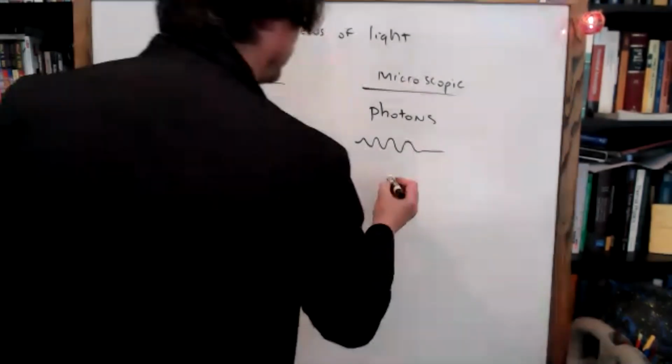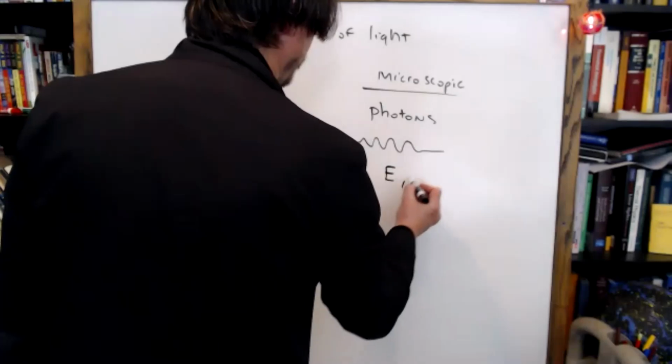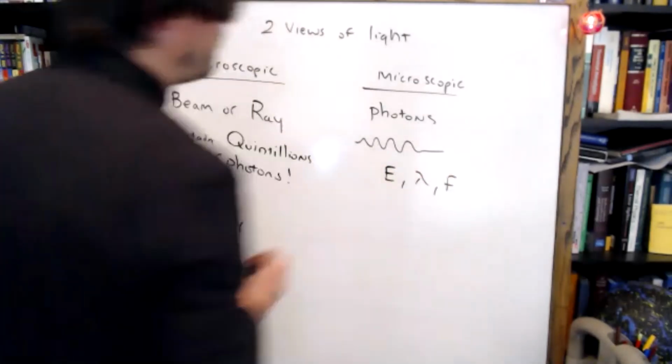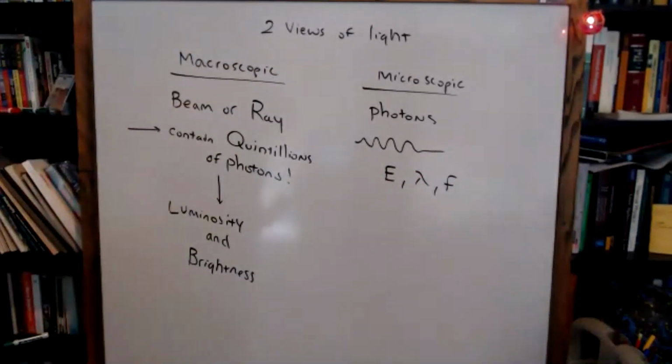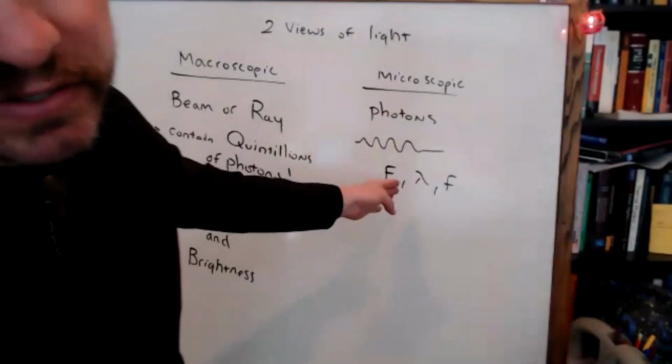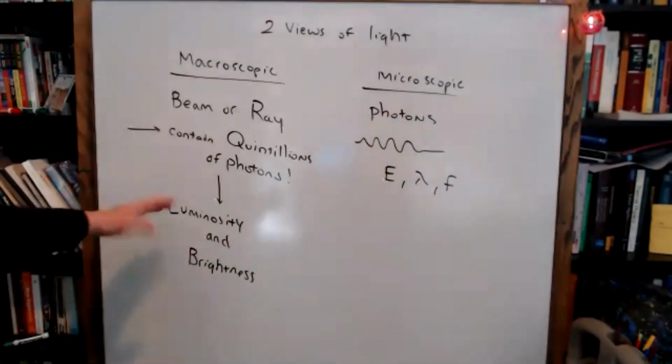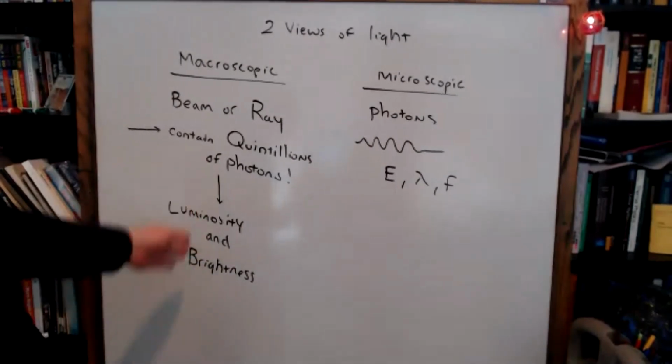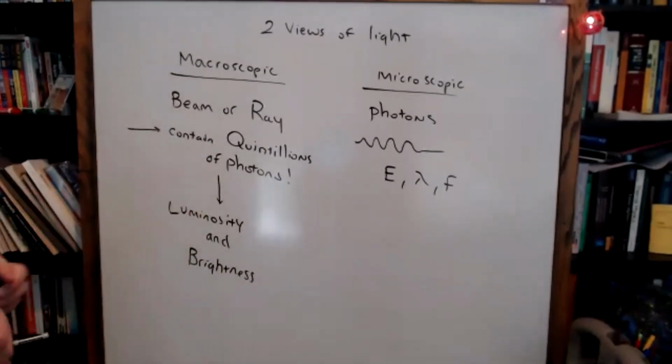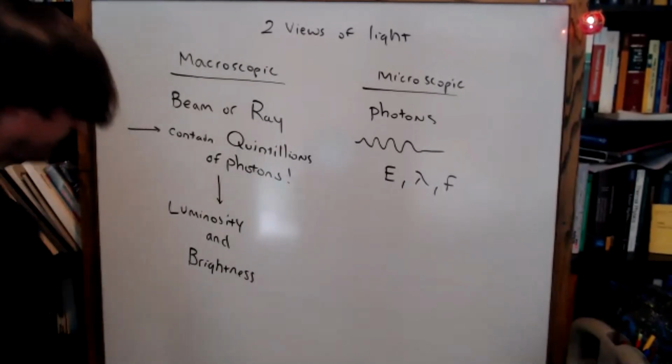By the way, for photons, we can usually talk about energy, wavelength, and frequency. When I measure macroscopic views of light, I measure luminosity and brightness. So let's discuss these concepts.